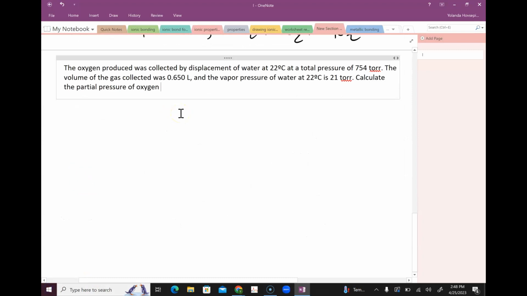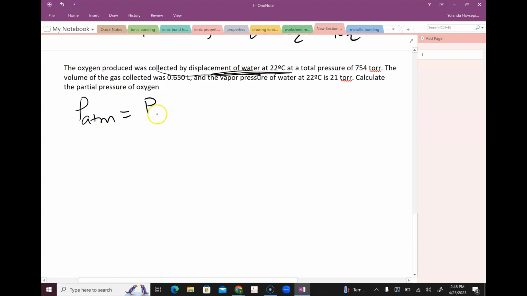Okay, so ideal gas law and the gas collected over water in one problem. Here's a good example. So let's read this. The oxygen produced is collected by displacement of water at 22 degrees Celsius. So anytime it says collected by displacement of water, you know you have to use this other formula along with the ideal gas law.